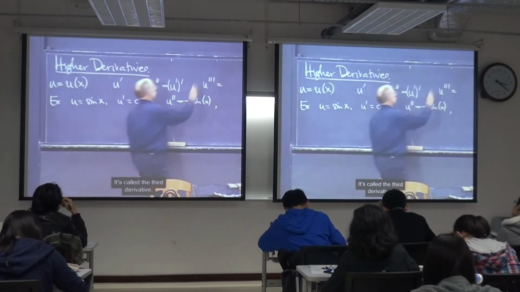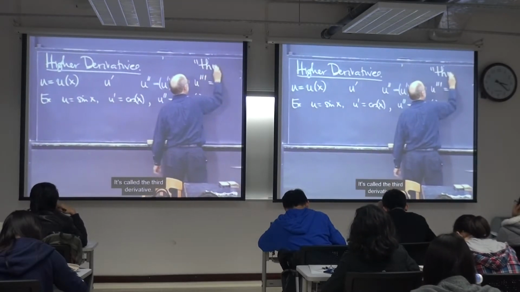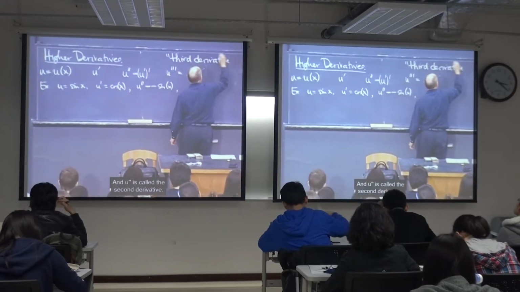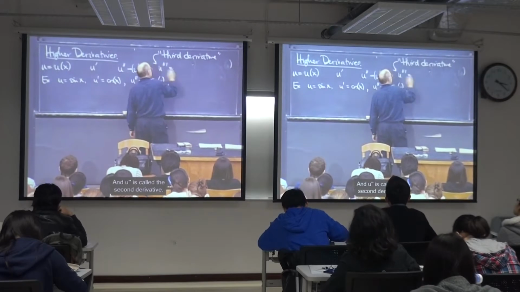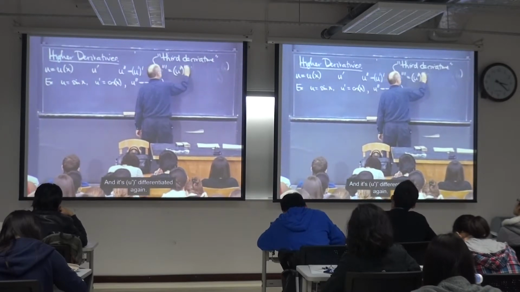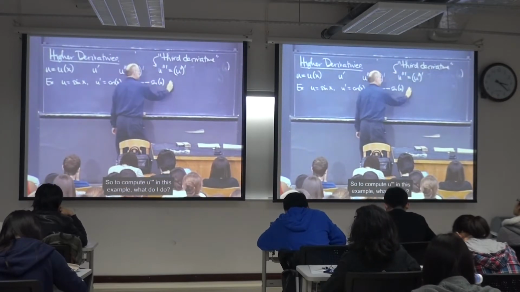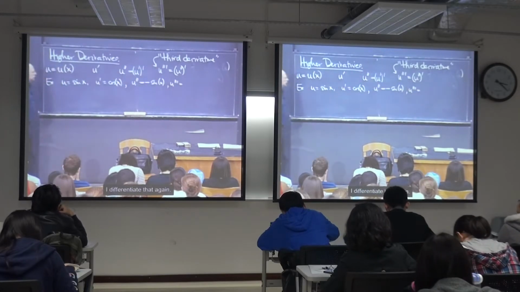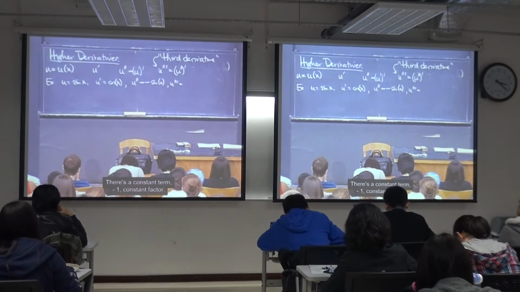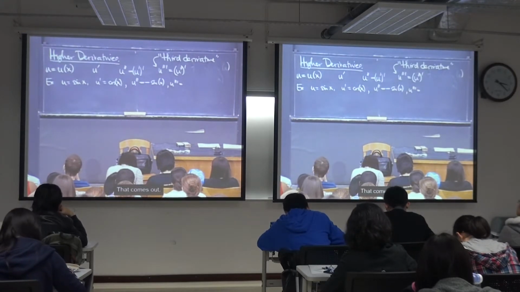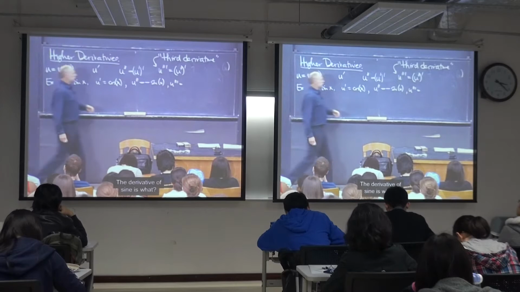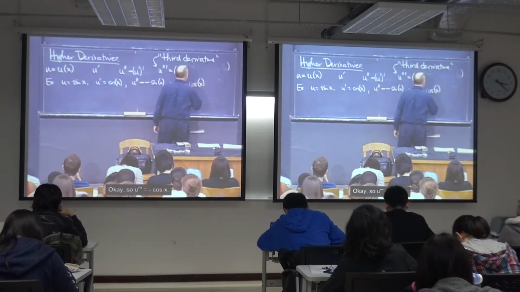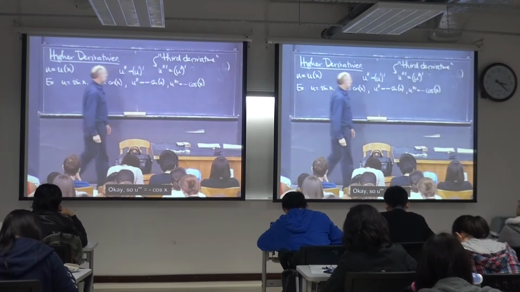It's called the third derivative, and u prime prime is called the second derivative. To compute u prime prime prime in this example, I differentiate that again. There's a constant factor, minus 1, that comes out. The derivative of sine is what? Okay, so u prime prime prime is minus the cosine of x.